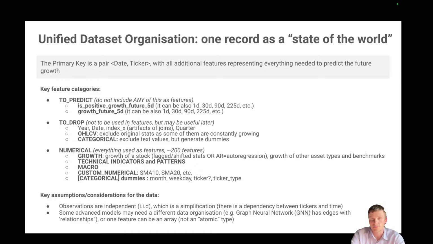Then ticker, we have 33 tickers, and I have a question mark because I'm not sure that we need to have these dummies. You can check it. There is a trade-off. If you add 33 features for each of the tickers, you will have more flexibility for models and more parameters, so you can model the individual effect of each stock.